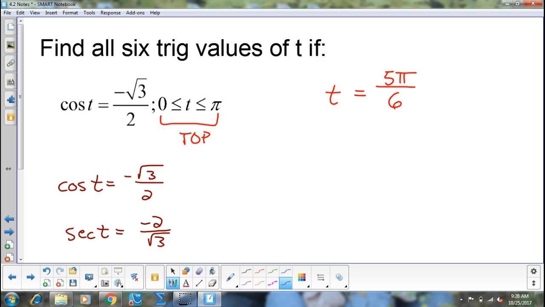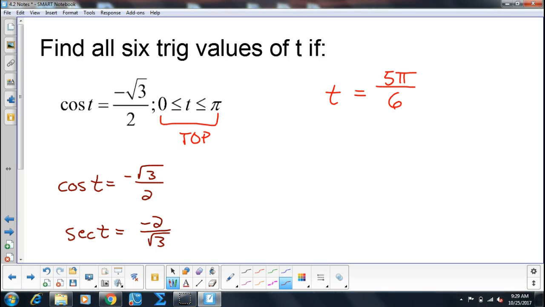You don't have to. Okay? If you wanted to write it as negative 2 square roots of 3 over 3, rationalizing your denominator, that's fine. But in terms of these type of ones, Mrs. Hill and I are okay with unrationalized denominators. Okay? Now, we can go find which one? We can now find sine.